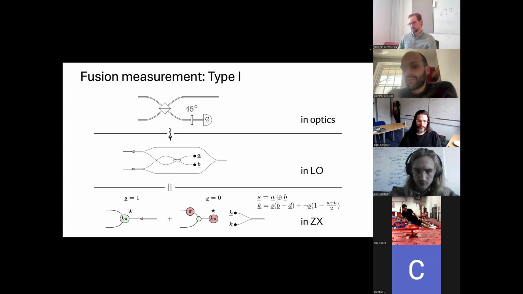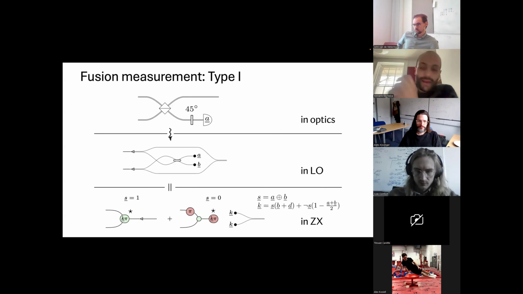And so then they would give a separable effect. Type 1 fusion is described with optics generators like this. I haven't really introduced this, but this is a polarizing beam splitter. This is a waveguide, and this is measuring the polarization of the photon.